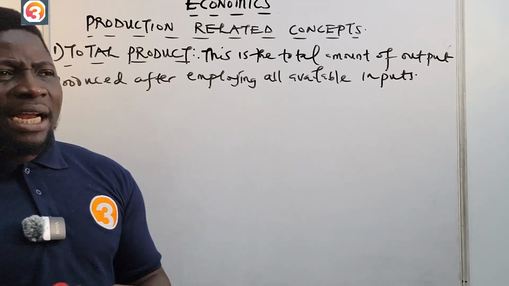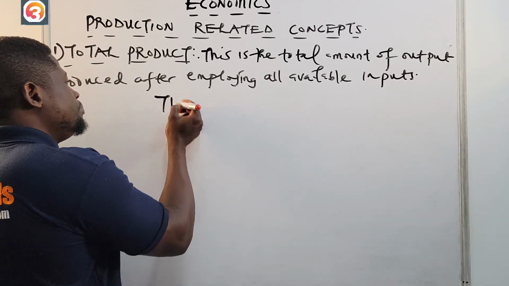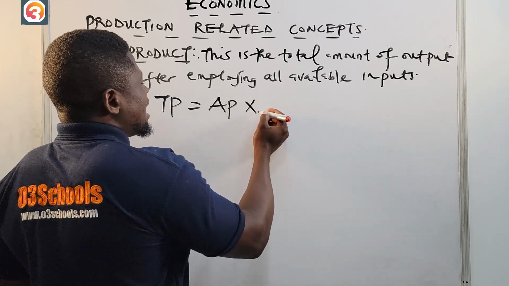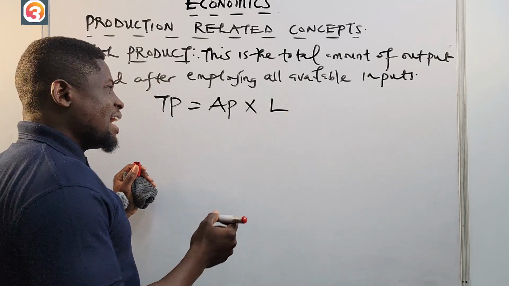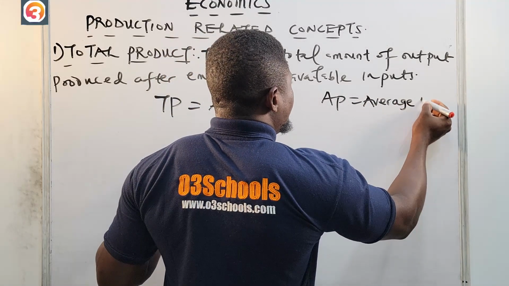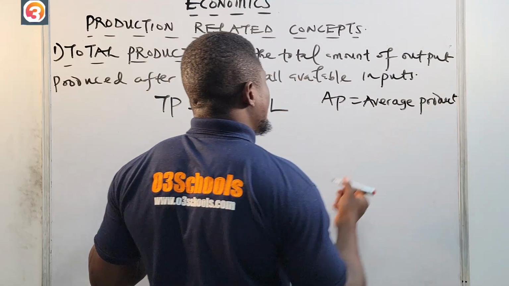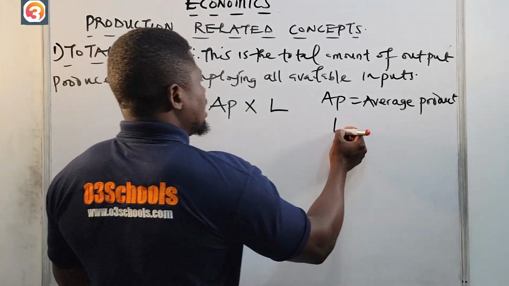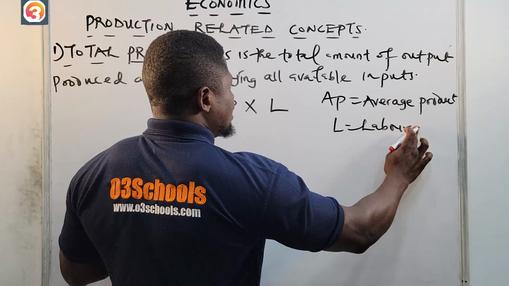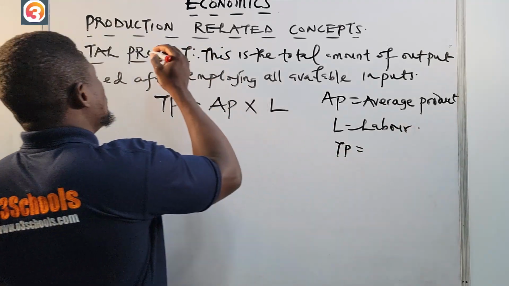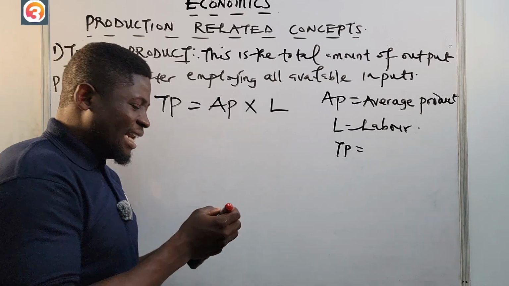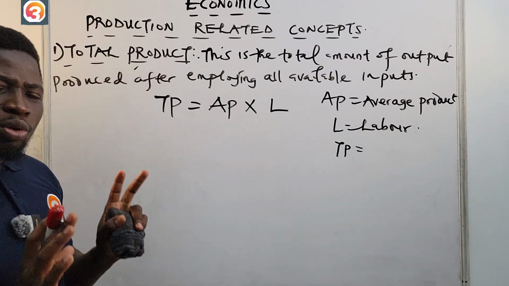It has a simple formula: total product, TP, is average product, AP, times labor, L, where L is labor, workers or laborers. It's as simple as ABC. AP times L is the formula for calculating total product.